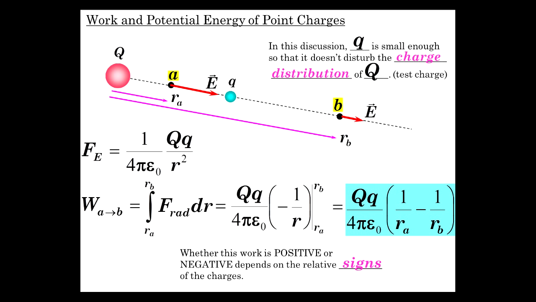In the case where they're both positive, then this whole thing is positive. Well, rA is smaller than rB, so this is always positive. This is a bigger number than this number.